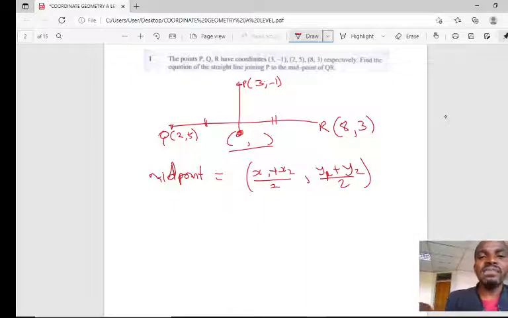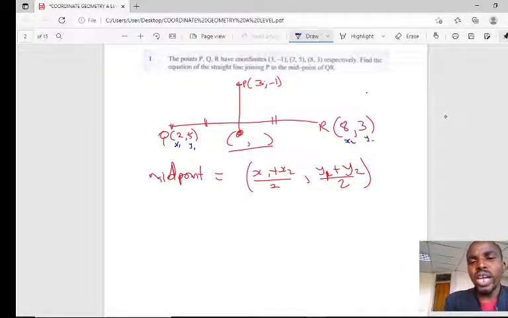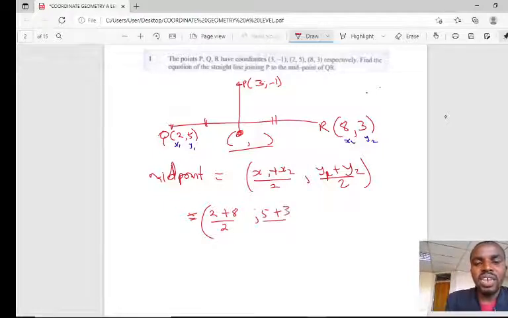So in this case, given this scenario, we can say this one is x1, y1, this one is x2, y2, like this. Then let's calculate the midpoint. So midpoint will be equal to, then for x it will be (2 plus 8) over 2, then (5 plus 3) over 2. Then if you simplify this, what will you get?